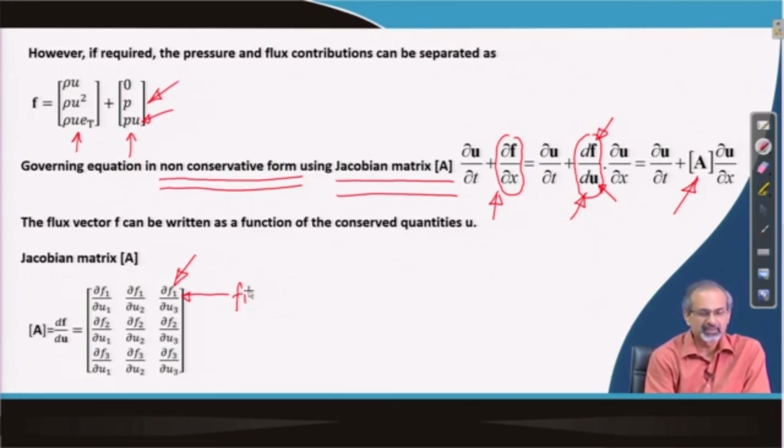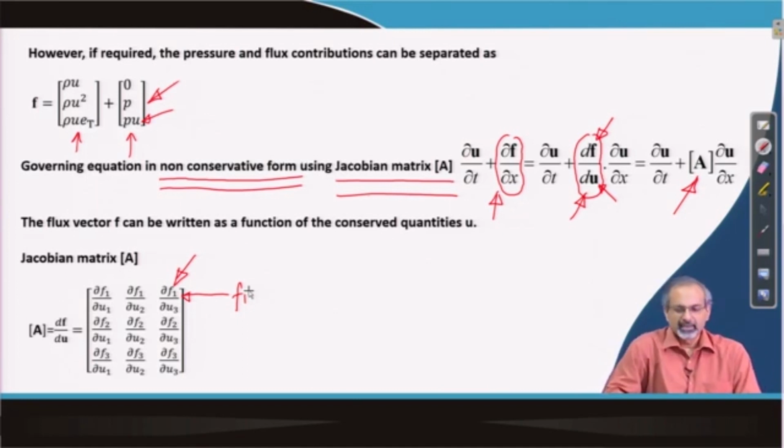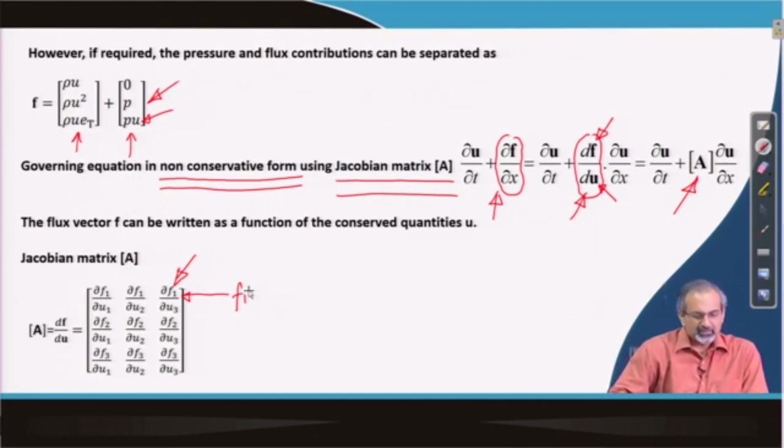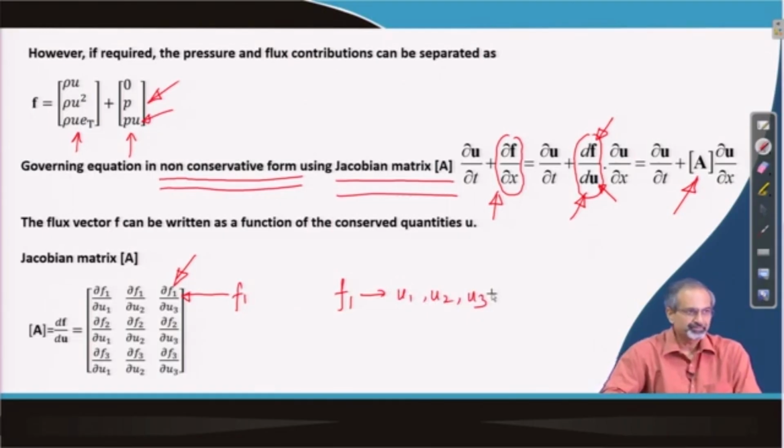So, derivatives of that component with respect to the different components of u will form the elements of the first row of the Jacobian matrix. Of course, they are all partial derivatives. So, this makes it obvious that we would like to have the functional dependence of f1 on u1, u2 and u3. Only then can you evaluate these derivatives.